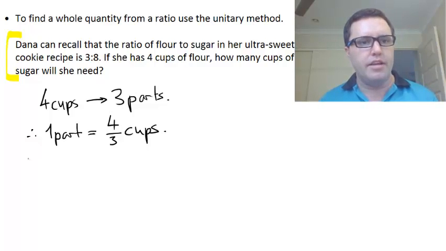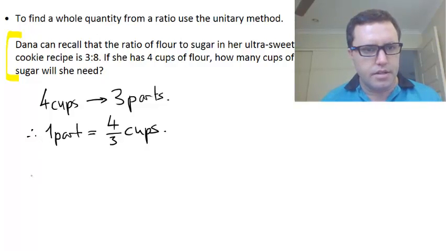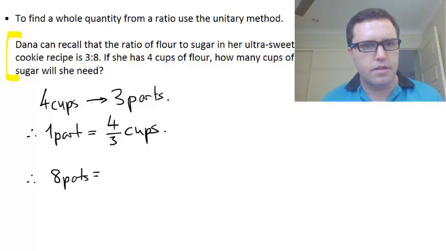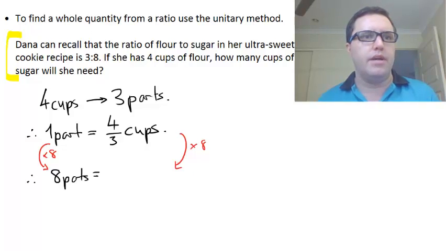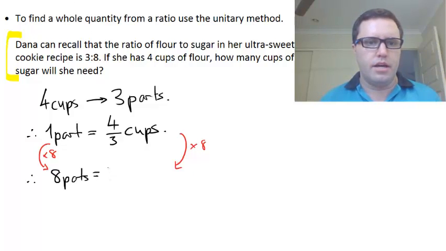Then for the amount of sugar, we know it's 3:8. So that means, therefore, 8 parts. What have we done to get from here to here? We've multiplied by 8, so this side is going to be multiplied by 8. And we end up with 8 times 4/3 cups.